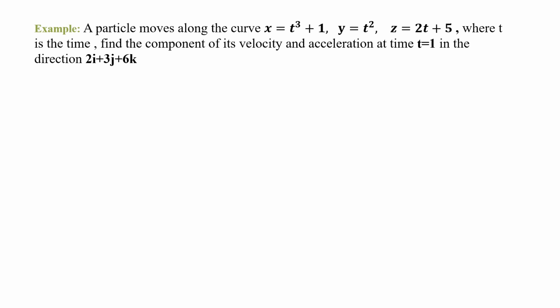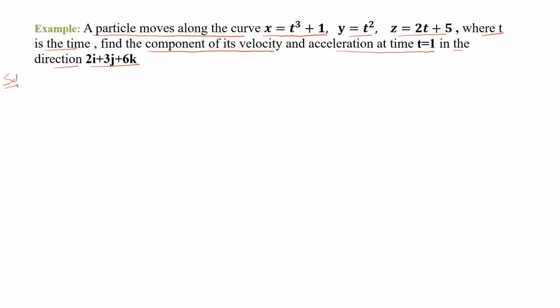Example: a particle moves along the curve x equal to t cube plus 1, y equal to t square, z equal to 2t plus 5, where t is the time. Find the components of its velocity and acceleration at time t equal to 1 in the direction 2i plus 3j plus 6k.